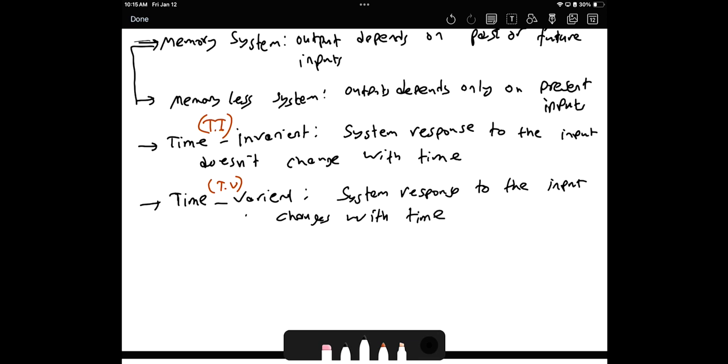What's an example of time invariance, which does not change with time? Like the microphone. If I speak loudly, then you'll hear me loudly. If I speak normally, you'll hear me normally. So that's fine. The system will not change depending on the input, which is my voice. Then you can hear it through the speakers. There's no change in the system.